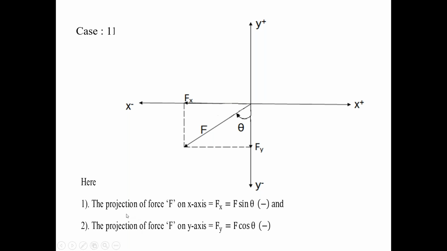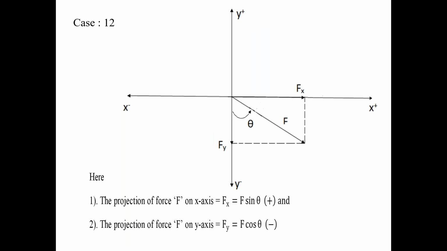Both are negative projections because the direction of Fx is towards the negative x-axis, and the direction of Fy is towards the negative y-axis. Both Fx and Fy are negative projections. Fx is equal to f sin theta, Fy is equal to f cos theta. So these are the projections in the 11th condition.